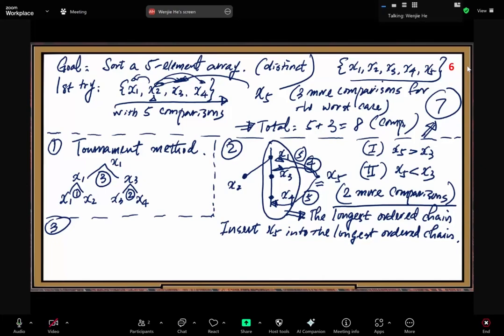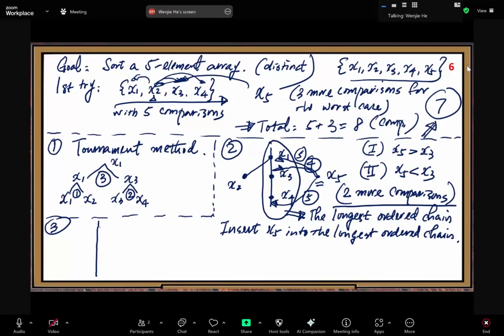After round 2, what do we have? We only have 2 situations to consider, because after round number 2, our longest chain becomes a 4-element array, since x5 was inserted into the previous longest ordered chain.